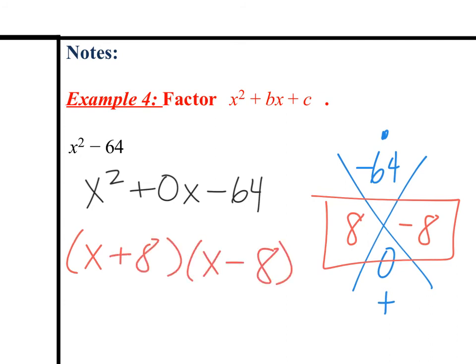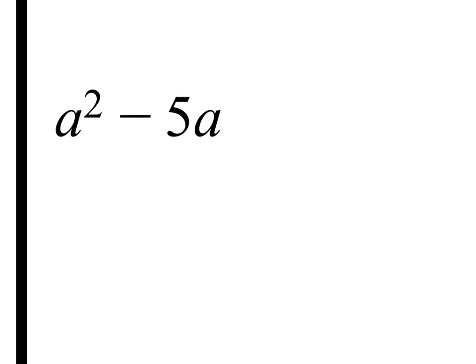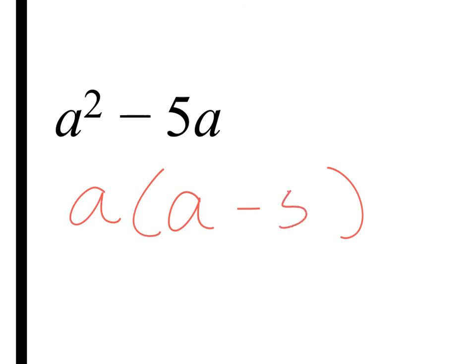Check it yourself. You can take out an a so that you have remaining a times a is a squared. A times negative 5 is negative 5a. This is a different way to factor. It's what you've learned before, but this is factored. You're done.